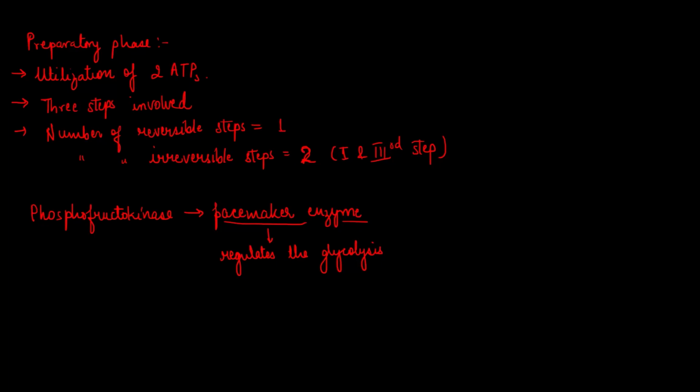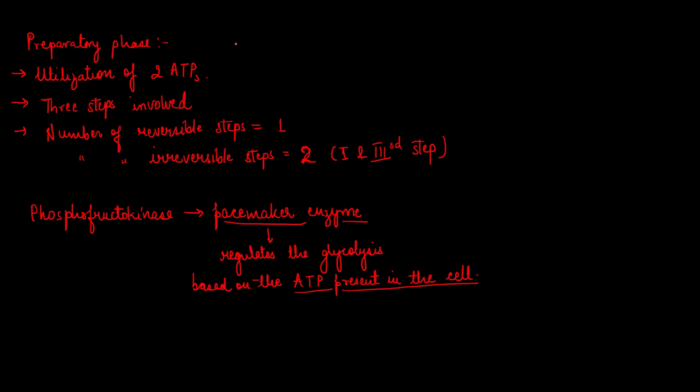But if there is a deficiency of ATP, then glycolysis takes place. Phosphofructokinase does exactly the same thing: it regulates glycolysis based on the ATP present in the cell. So this is about the preparatory phase.